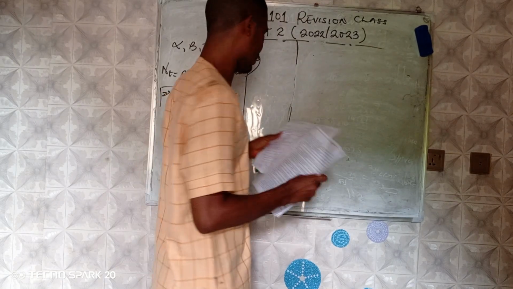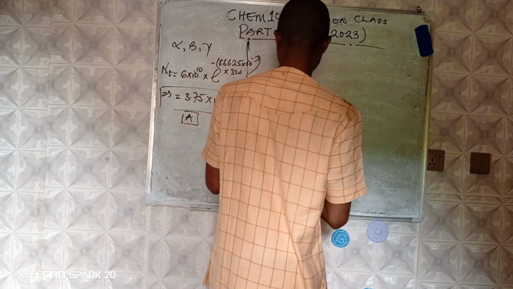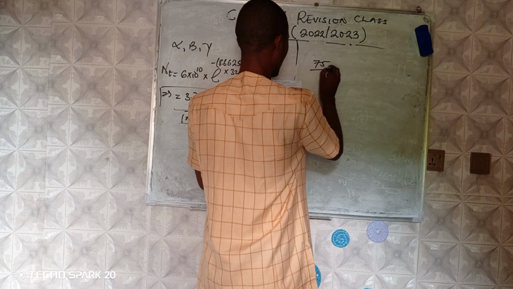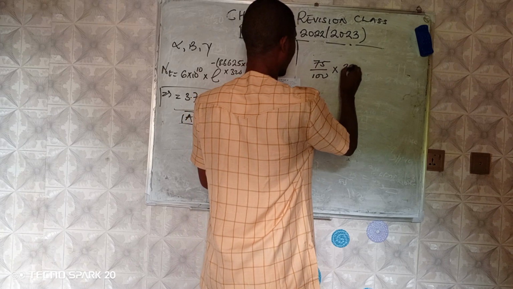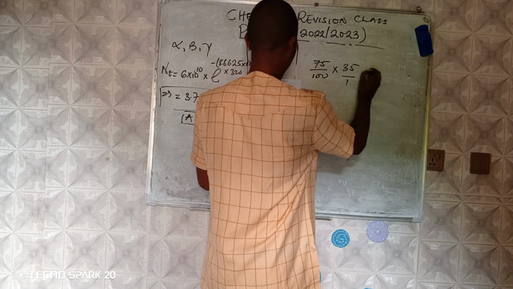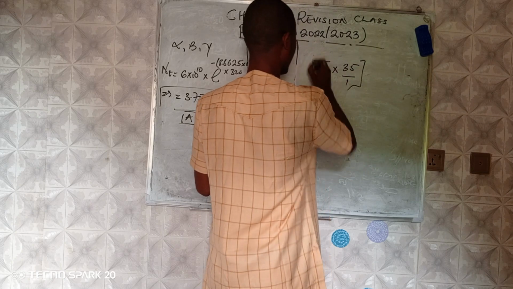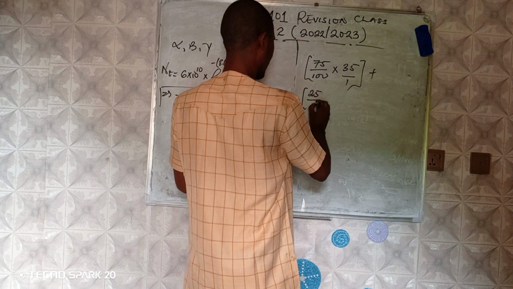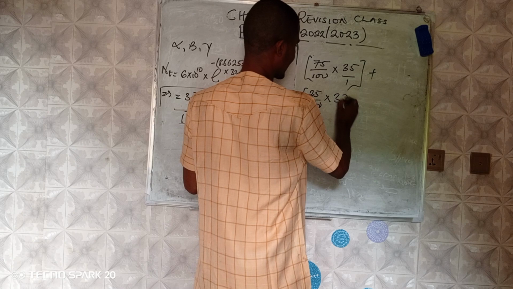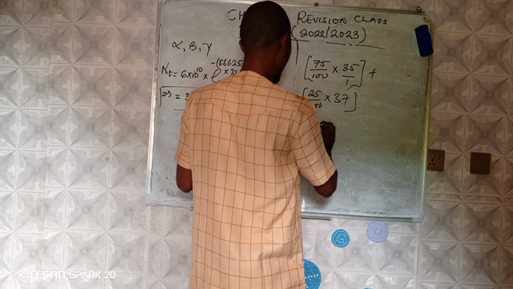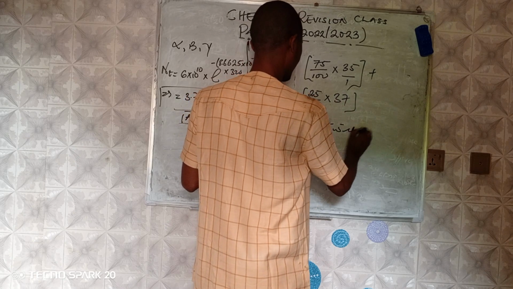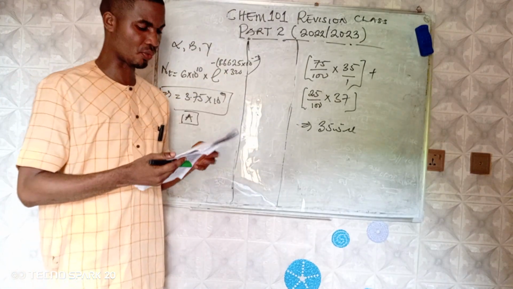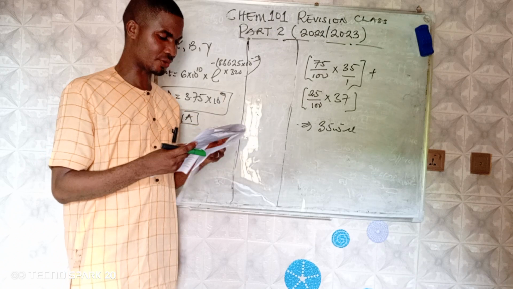As I will do on the board, we have 75 over 100 times 35 plus 25 over 100 times 37. If you do this well, you have 35.5. So that is for question number 32.